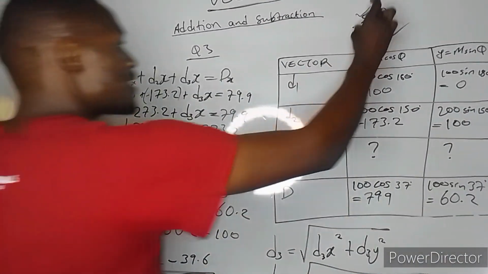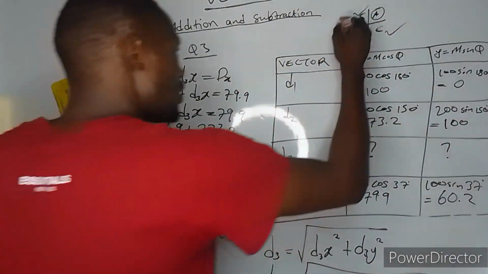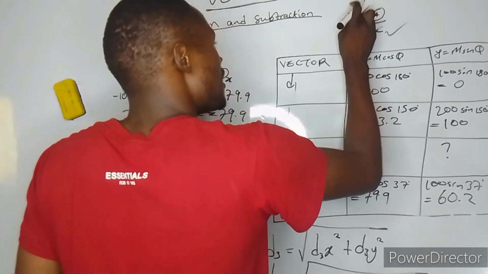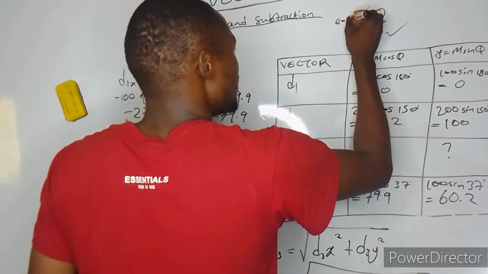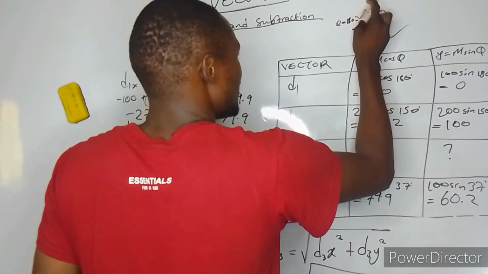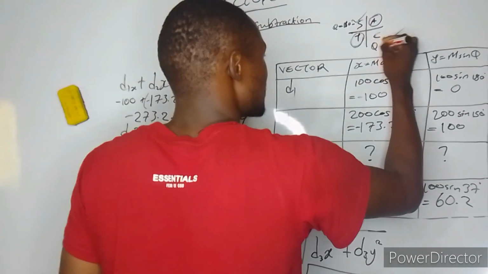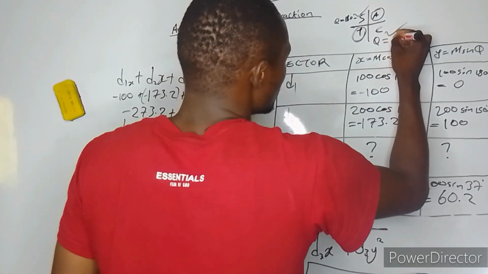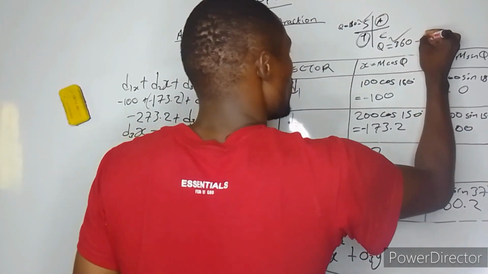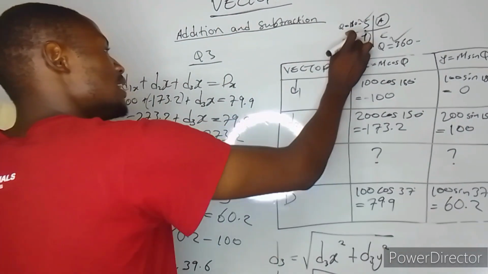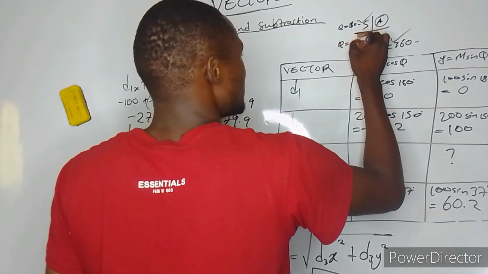To find the angle here, we say theta is equal to 180 minus the angle you have gotten. Then here we say theta is equal to 360 minus the angle you are dealing with. Here it is theta equal to 180 plus.